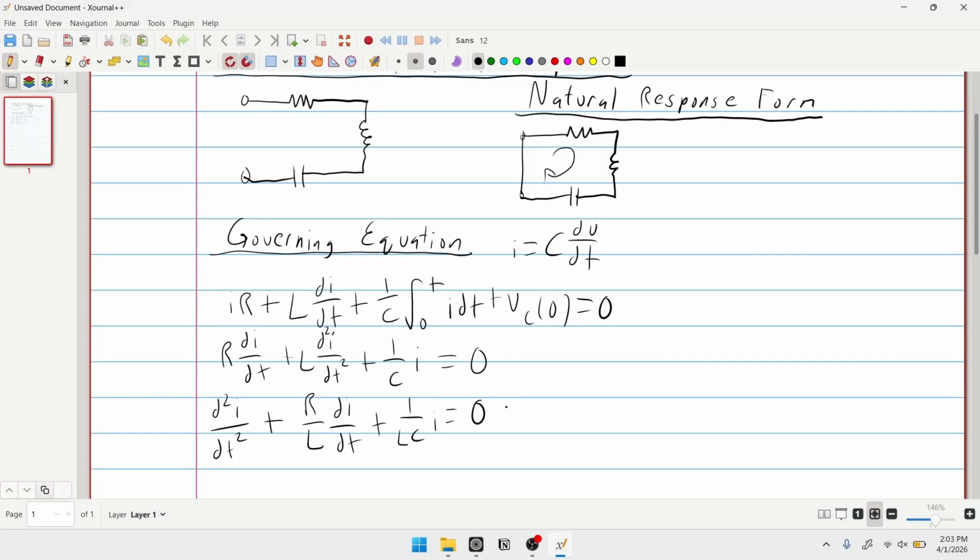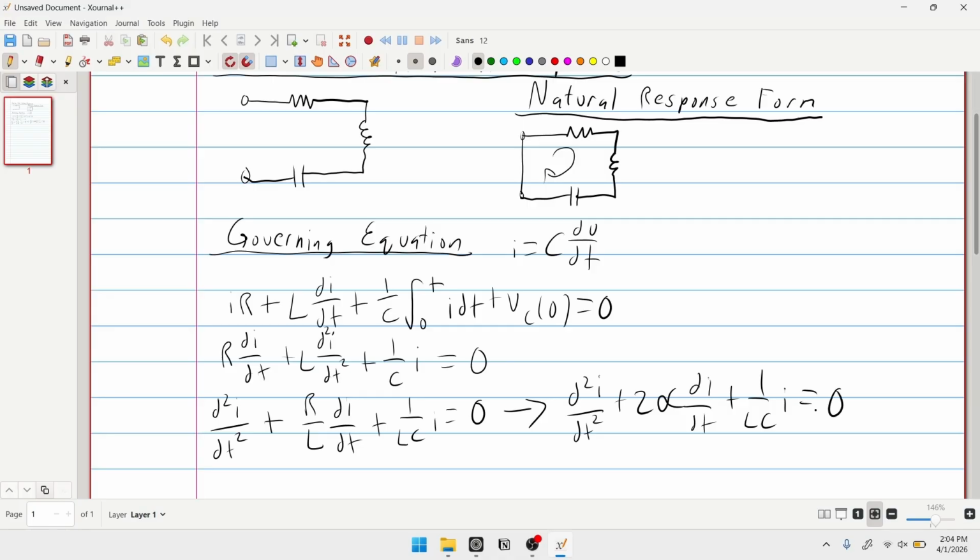And so what we're going to do here is put it in the form of our second order characteristic equation, which is d squared i dt squared plus 2 alpha di dt plus omega naught squared I equals 0.